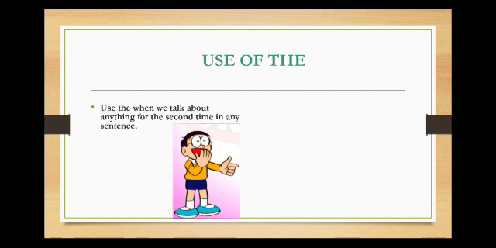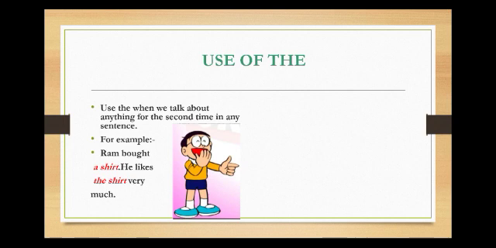Use the when we talk about anything for the second time in any sentence. We have already discussed this rule when we were talking about use of a. I hope you remember. Now look at the example. Ram bought a shirt. He likes the shirt very much.